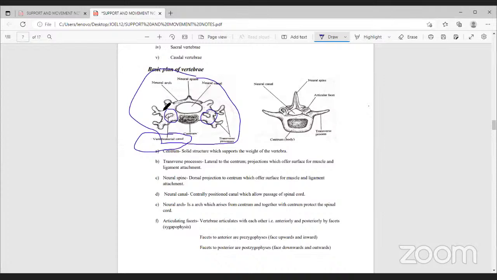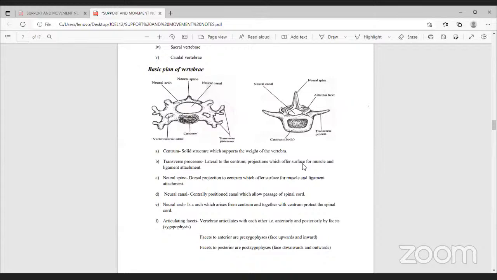Then you tell me it is found in the neck region. That is true, but remember you did not score in A. In B, you did not score. So we are going to give you a tick and give you a 0, meaning that the question was tied. And of course, the other question comes from you being able to identify the parts properly and being able to give their function. So it is your responsibility to analyze this diagram there.